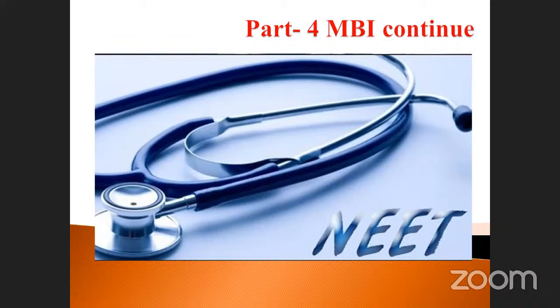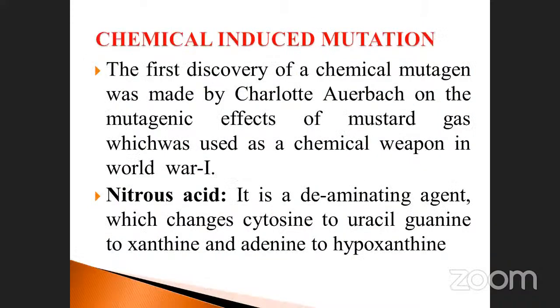Today we are going to discuss the continuity of the molecular basis of inheritance. That is, chemically induced mutations. Previously we already discussed spontaneous and induced mutations. In this part, chemically induced mutations, which come under induced mutations.